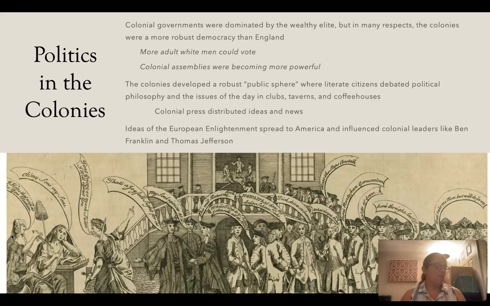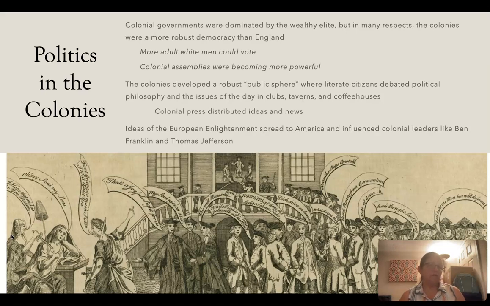They were very heavily influenced by ideas of republicanism and liberalism. And I'm going to talk about what those terms mean in just a minute. They believed firmly that they were Englishmen and they had the same rights as Englishmen back in England.